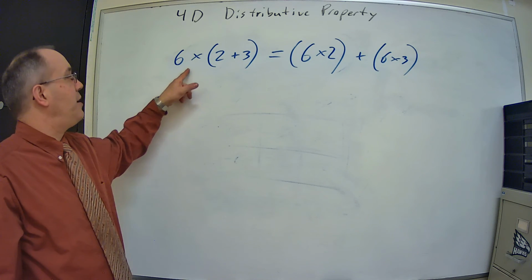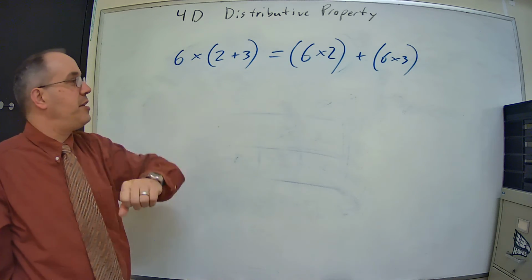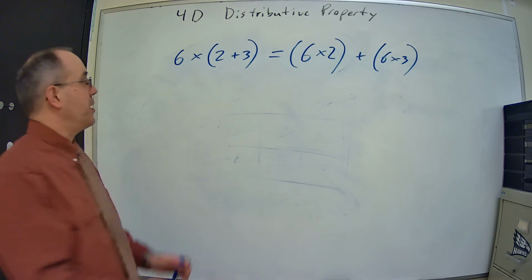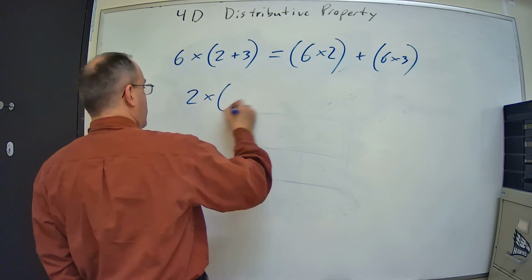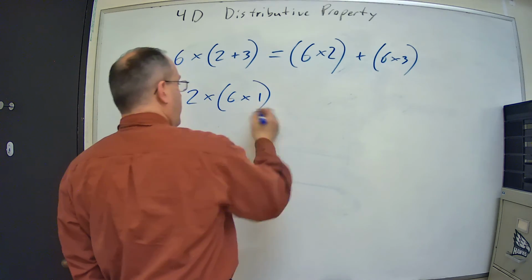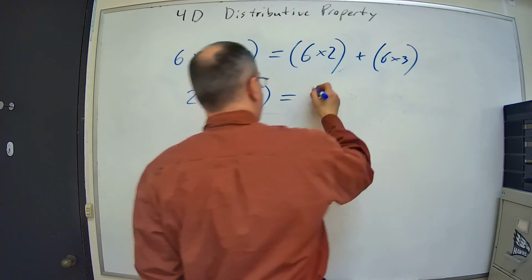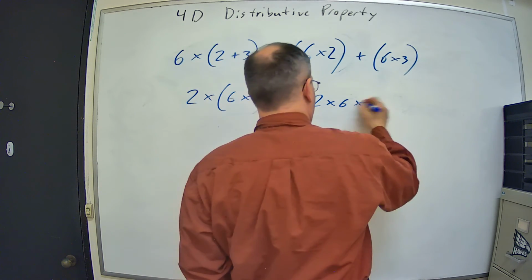Well, I've got multiplication that's being distributed through the addition. That's a distributive property.